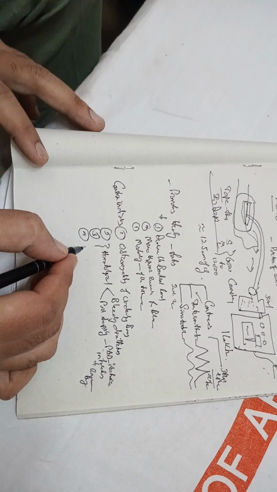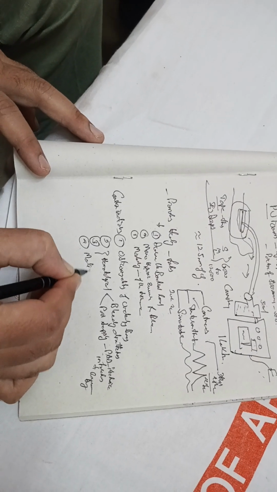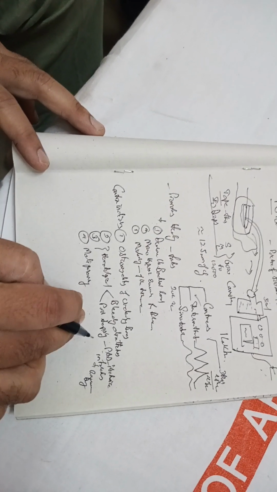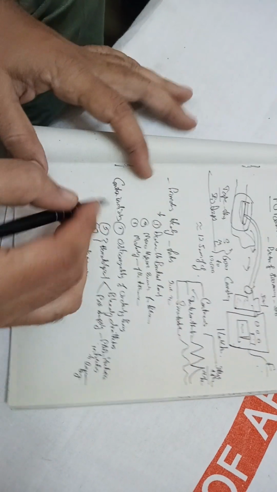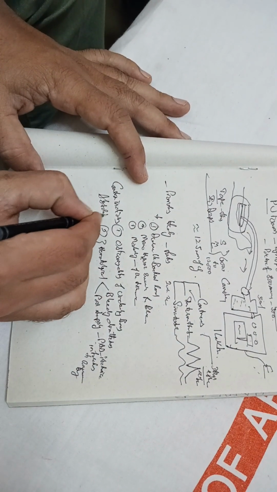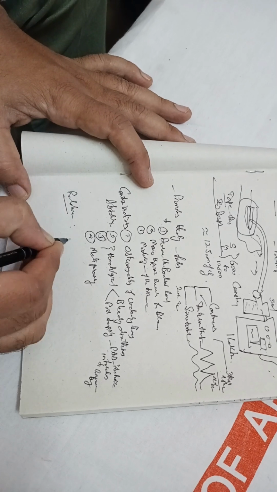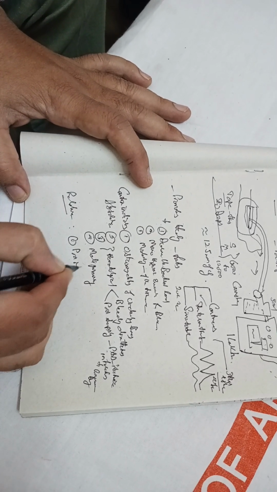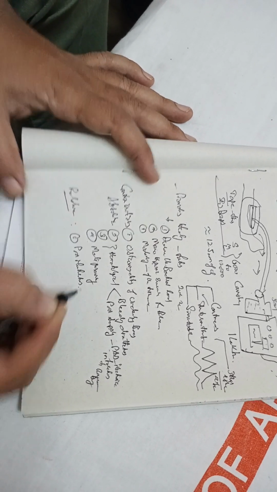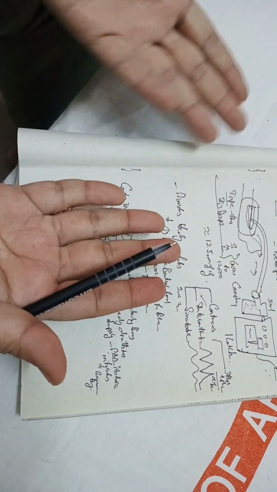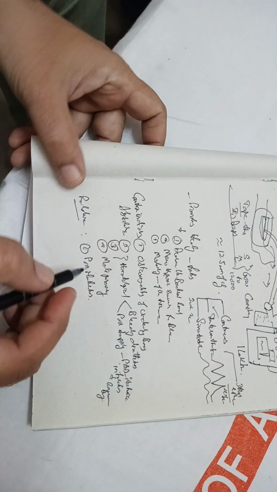Fourth one, most important, is malignancy. Good, very good answer. So malignancy is a contraindication. So these four are absolute contraindications, and there will be relative contraindications like poor nutrition. If the patient is having poor nutrition, whatever intervention you do, it is difficult for the wound to heal.